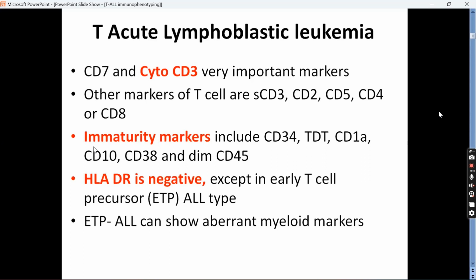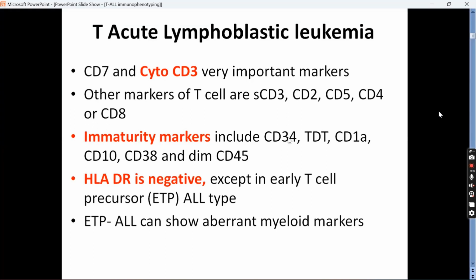I'll be discussing these types in the subsequent slides. But to make my point, the intensity of CD10 is less compared to B-ALL. But CD10 again is an immaturity marker for T-ALL. When you find a T-ALL with CD10, it denotes more likely a medullary ALL or a mature T-ALL.